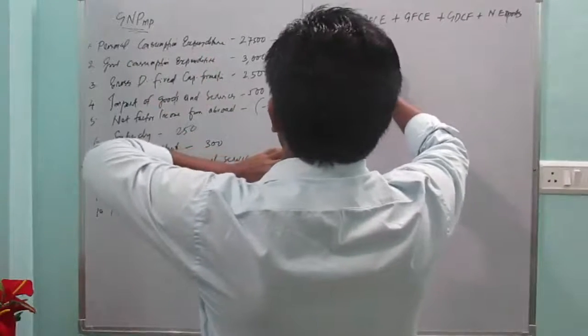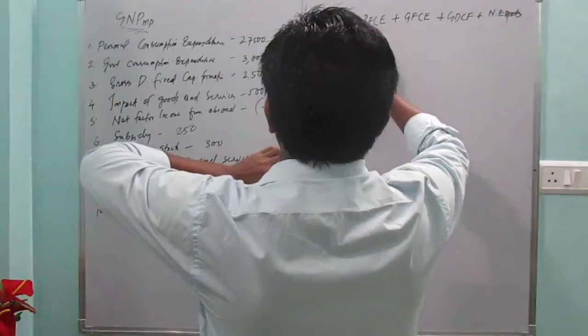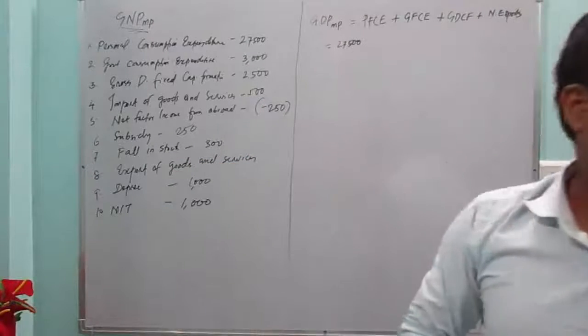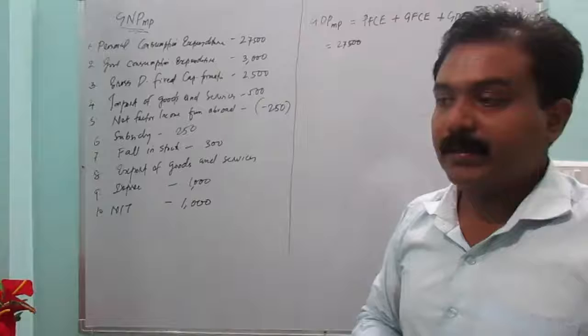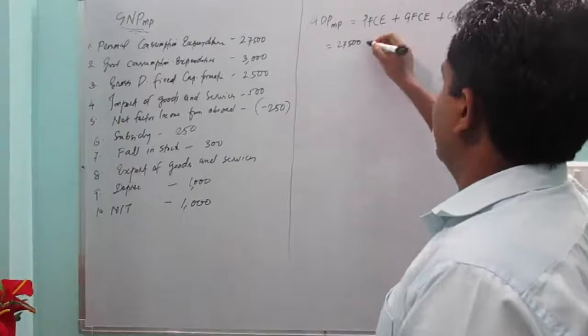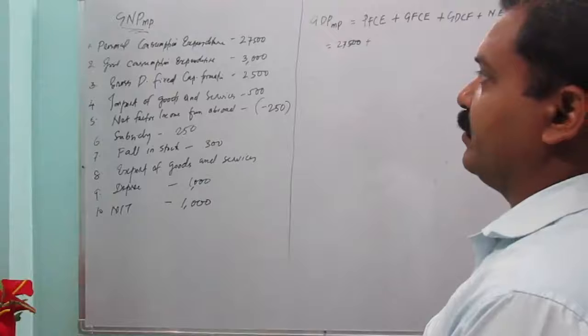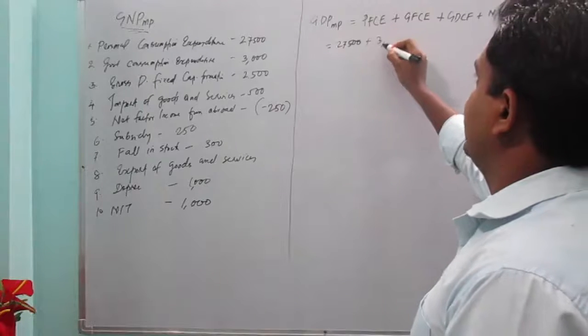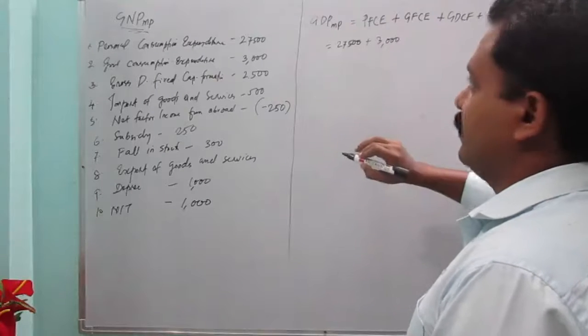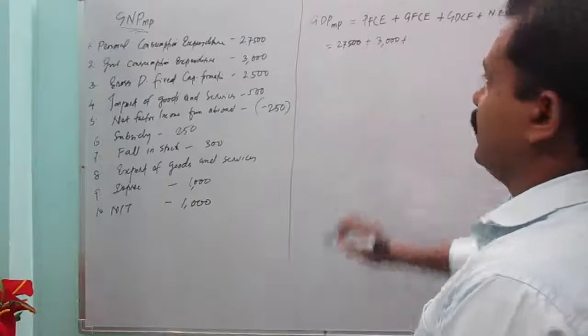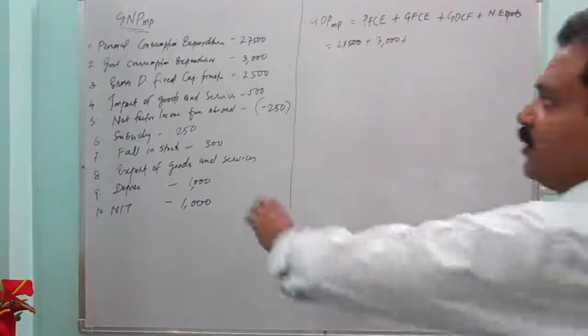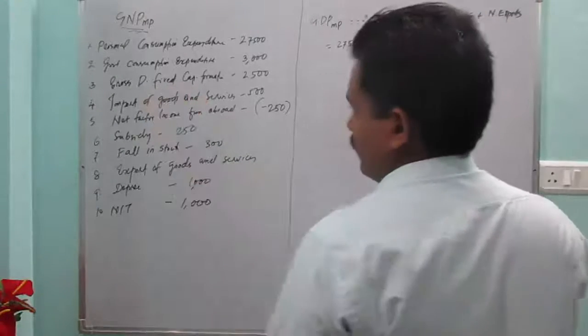So first, personal or private consumption expenditure is 27,500, plus government final consumption expenditure, which is 3,000, plus gross domestic fixed capital formation.